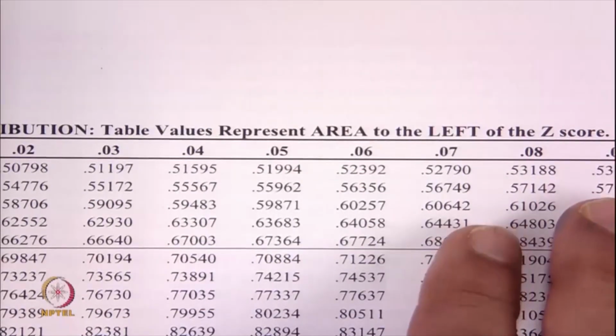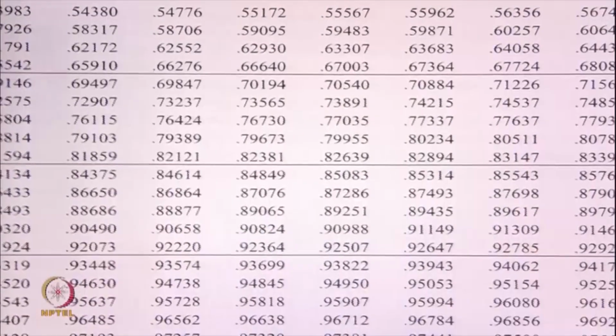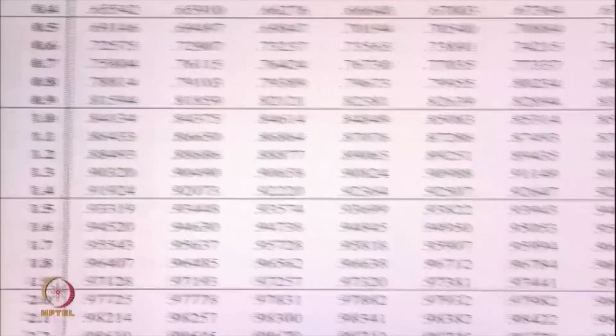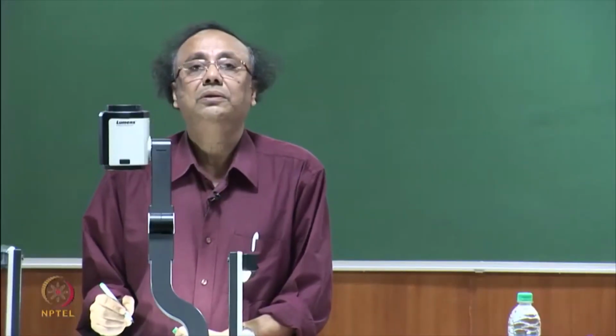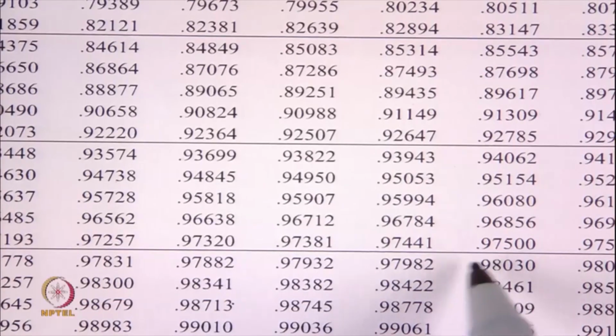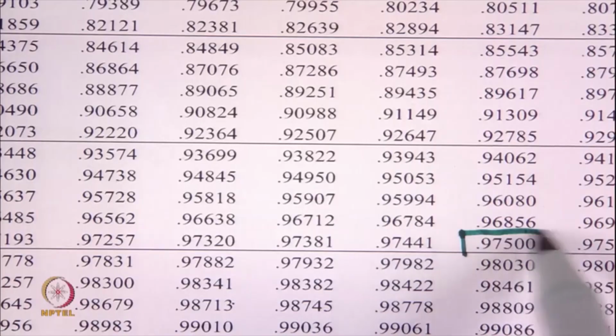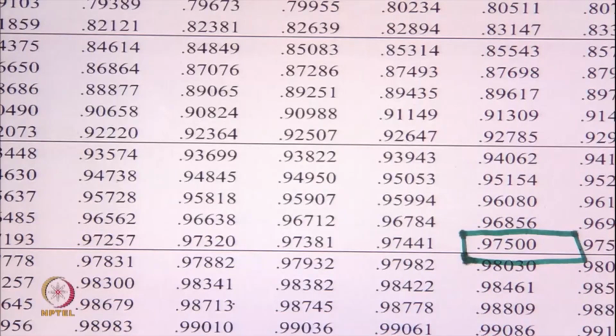So, in this table there are all the values tabulated. Let us see the value corresponding to 0.975. Consider this value. This is 0.975.